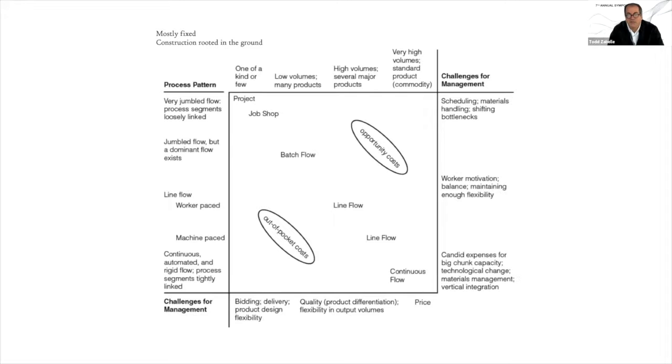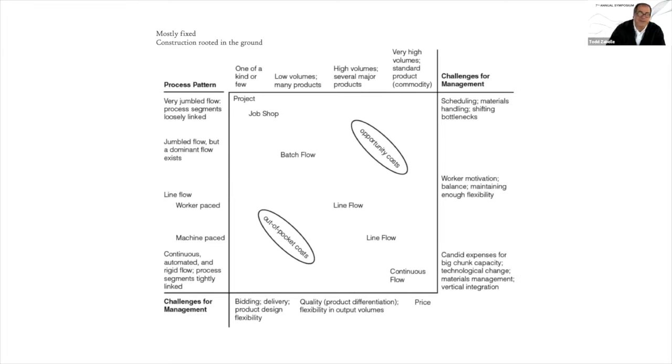On the bottom right is continuous flow. So if you're involved in pharmaceutical goods or refining, you're probably very well versed in continuous flow type production systems, if you will. These make food, pharmaceuticals, processed hydrocarbons, maybe chemicals, and so forth. You have line flow, which is what Mutu was alluding to and what they're doing in automotive.